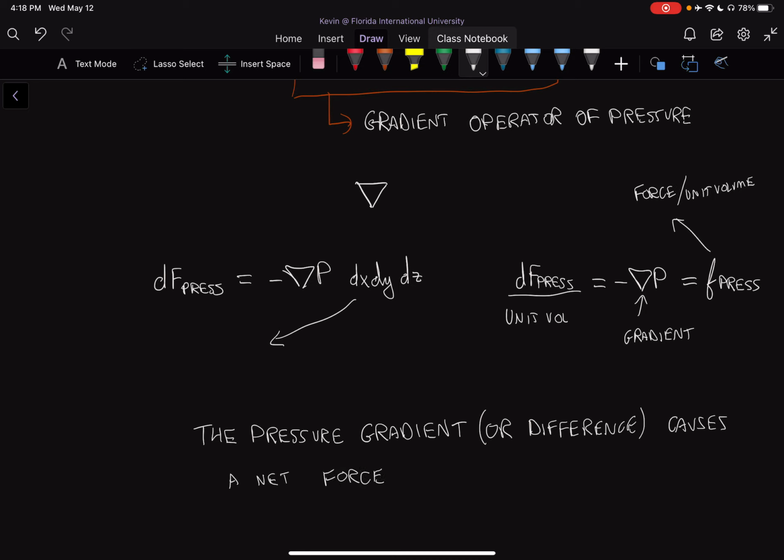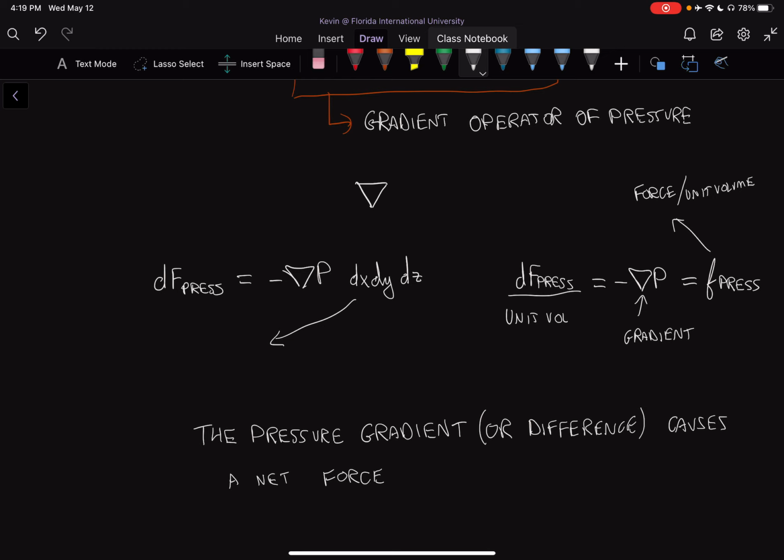And this makes sense in everyday life, right? If we have a high pressure somewhere and a low pressure somewhere else, the pressure sort of equalizes. The high pressure region goes towards the low pressure region. It creates a force from the high pressure to the low pressure. And this is what governs flow. This is what explains how flow works and how pretty much the whole of fluid mechanics works.